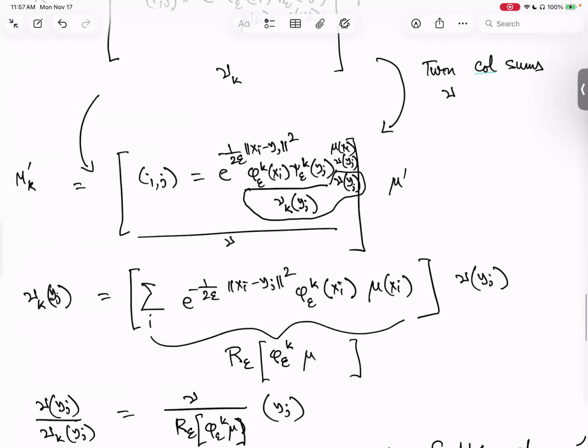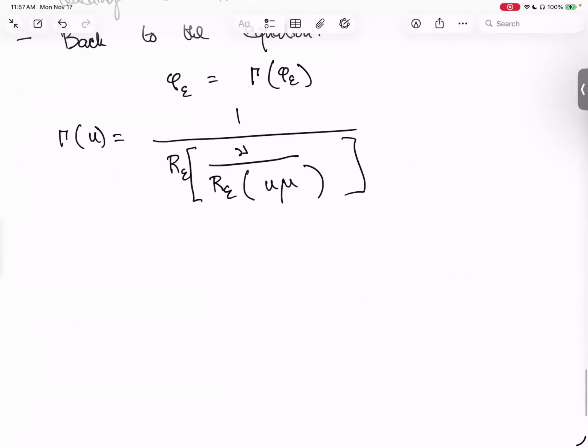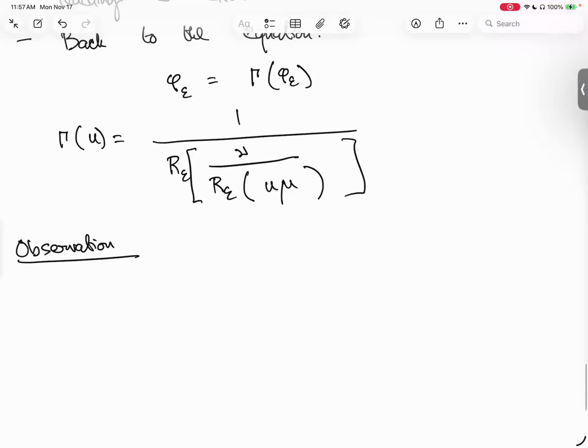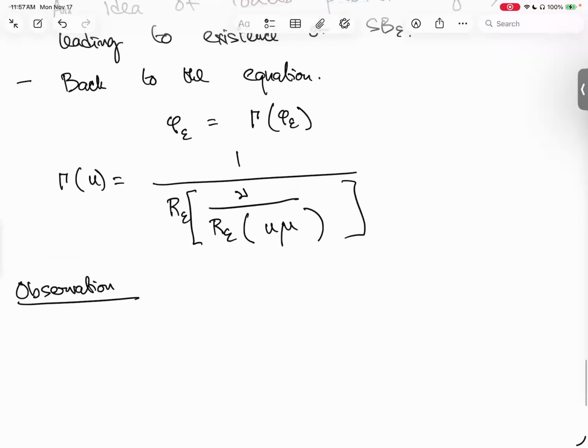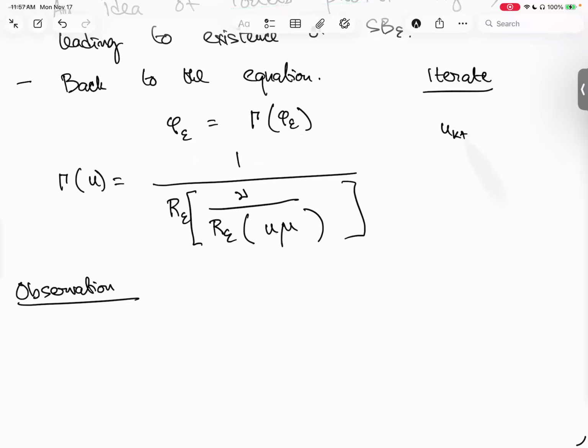One thing you would notice from this iteration, the first observation, is that I'm going to iterate, where u_{k+1} is equal to Gamma of u_k. That's my iteration.